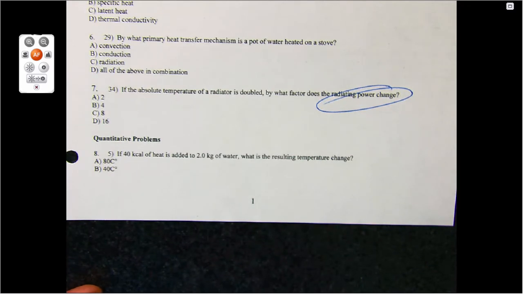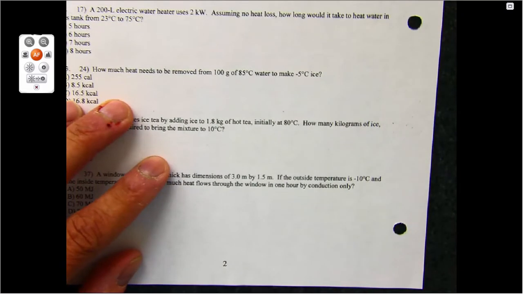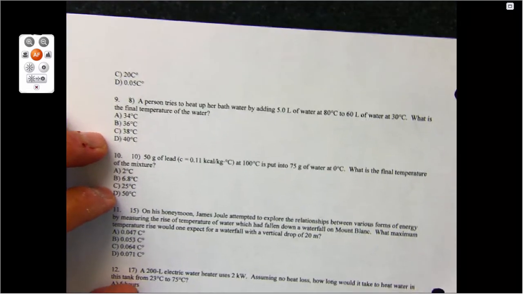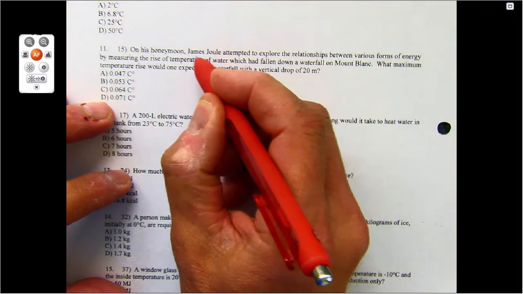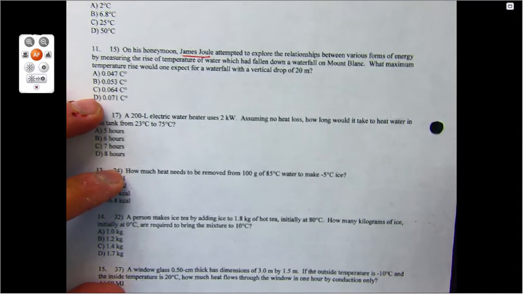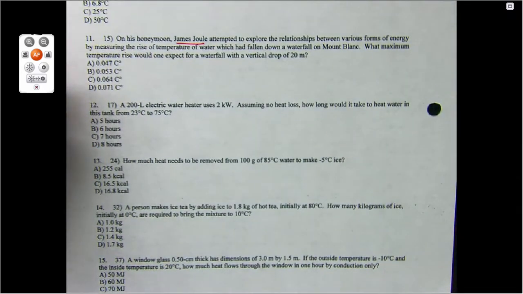How about in the problems here? What do we got? 11. Okay. Mr. James Jewell. Sounds like a good honeymoon.